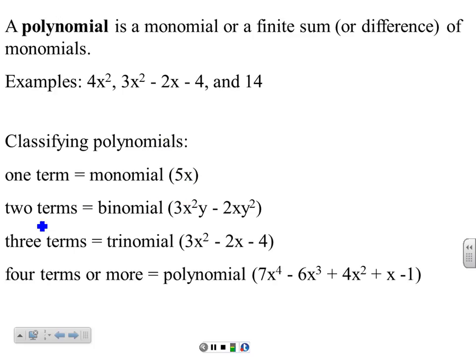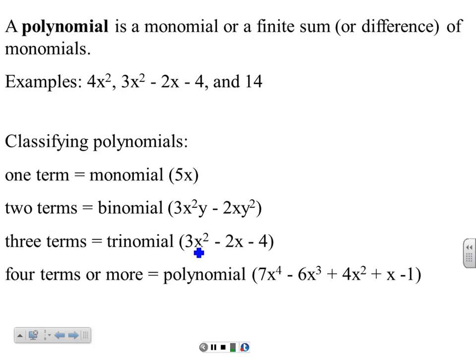A two-term polynomial is called a binomial. Again, bi is a Latin prefix for two, and I see the subtraction sign in here. So you have 3x squared y minus 2x squared y. There are two terms here. A three-term polynomial is called a trinomial.